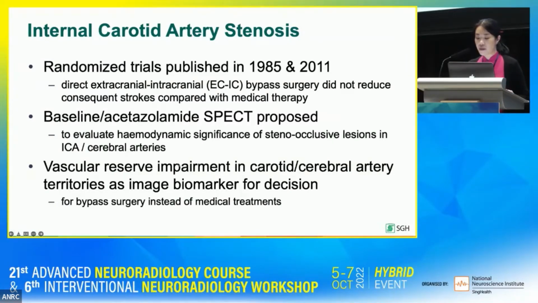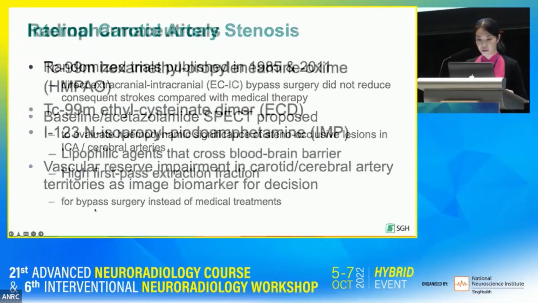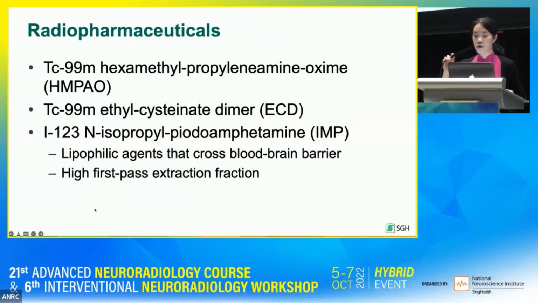Vascular reserve impairment in carotid and cerebral artery territories is proposed as an imaging biomarker to decide on bypass surgery instead of medical treatment. For the radiopharmaceuticals we use, there are mainly three. The most common one is technetium-99m HMPAO, which is what we use in our department.